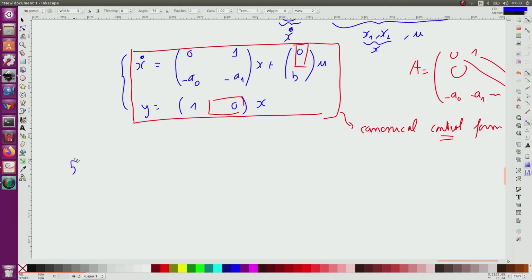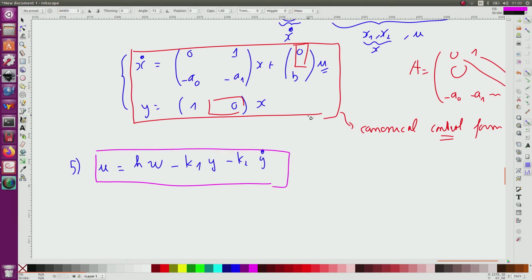Question number 5. The u here is given by hw minus k1y minus k2y dot. So this one is a controller.